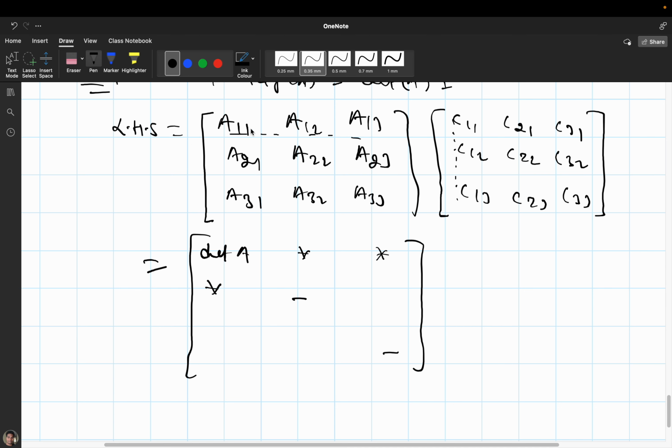Now you can see the same thing here also: A11, A12, A13 multiplied by the second column, so that will be A21, A22, A23 with C21, C22 and C23. Here also the same, right? Determinant of A will come. And here also.